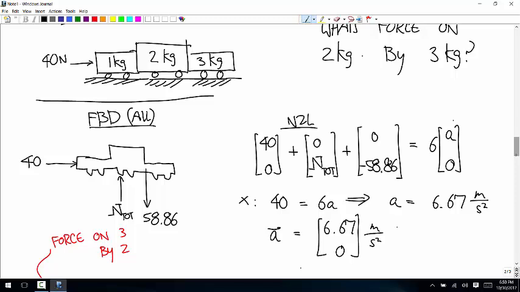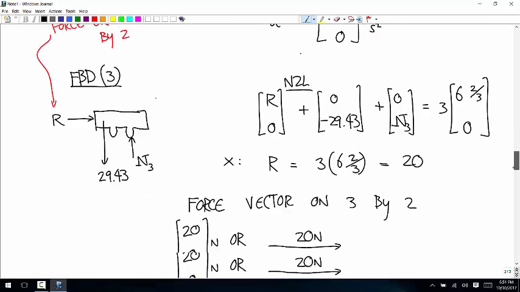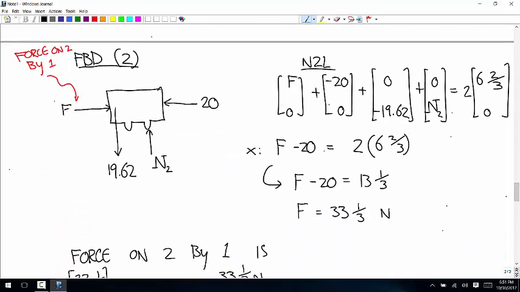The first thing we calculated was the force on the 2 by the 3. So that was a 20 Newton force going this way. So when we isolated the 2, we had a force that we knew, 20 newtons, we knew that from the part before, and then the unknown force from the one on the left. And we calculated that force.